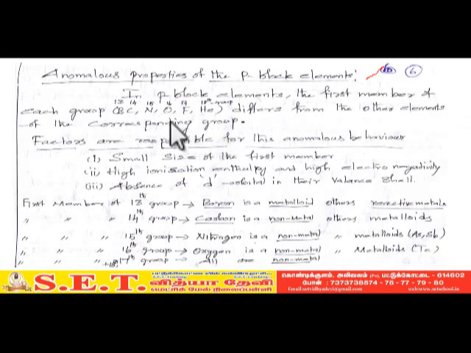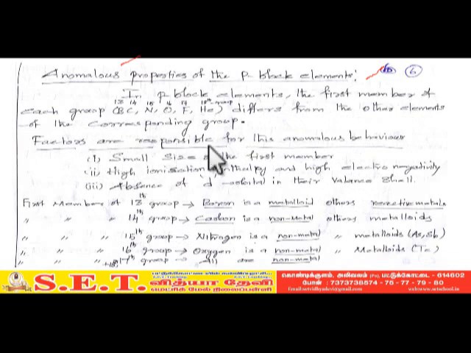I am telling in Tamil, the first element in each group differs from the other elements in its group. That is what we call anomalous properties. I am again telling you, the first member of each group differs from other elements of the corresponding group, and they are defined by the following factors.